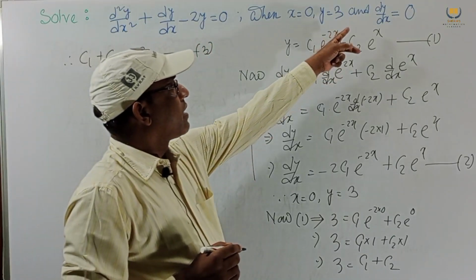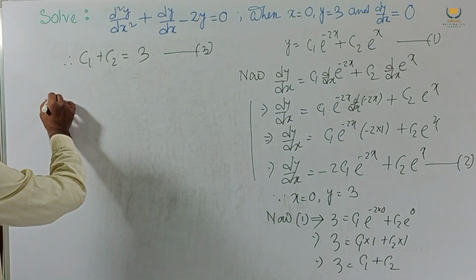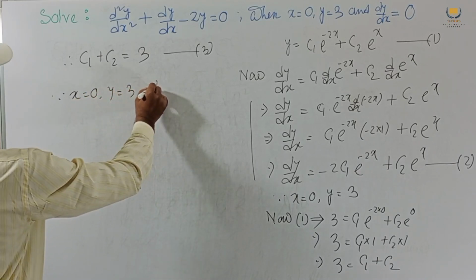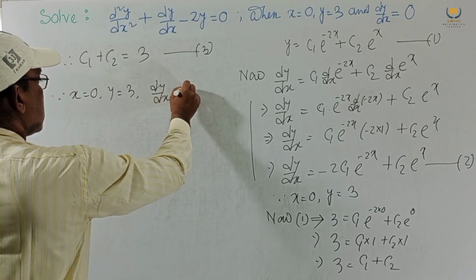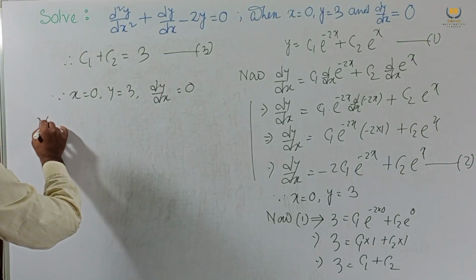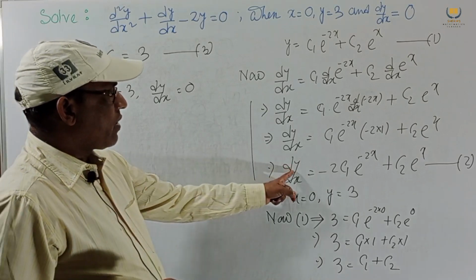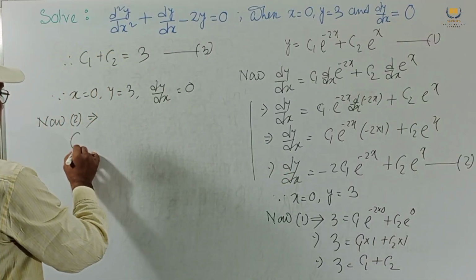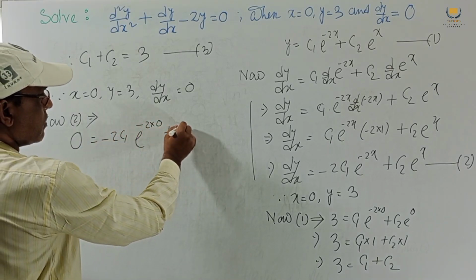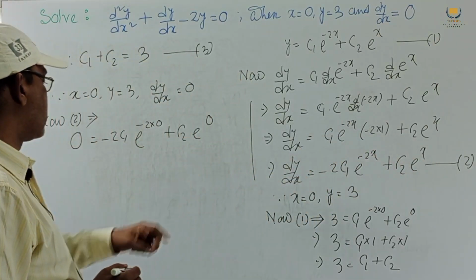Again, dy/dx equal to 0 when x equal to 0, y equal to 3. We put these values in equation number 2. In equation 2, putting dy/dx equal to 0, we get 0 equals minus twice c1 e to the power minus 2 into 0 plus c2 e to the power 0.